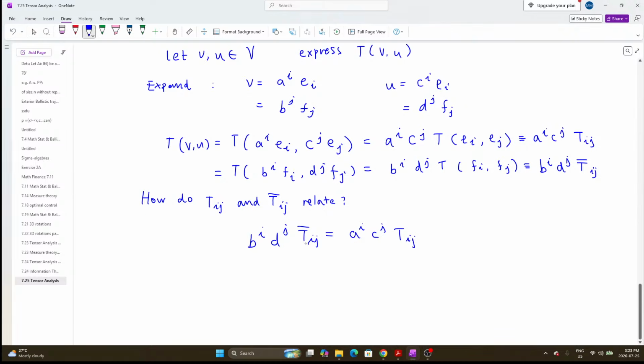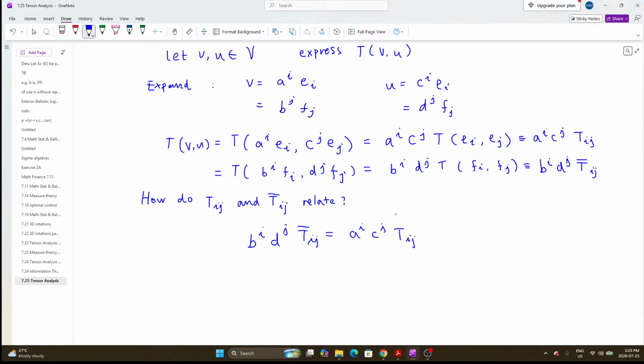So I want to express the new components in terms of the old components. So that's why we do this. We wish to get rid of the B I D J. But how do we do that?